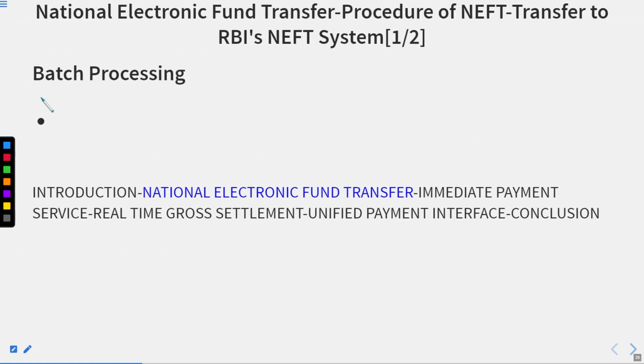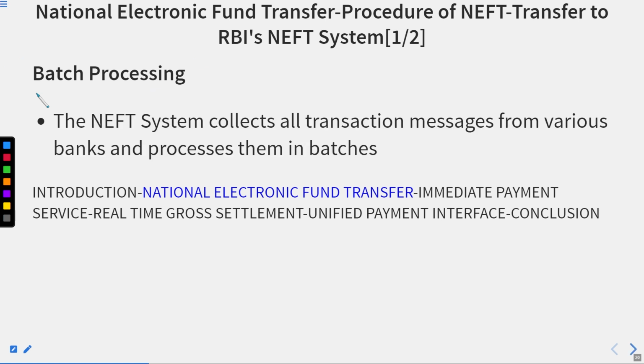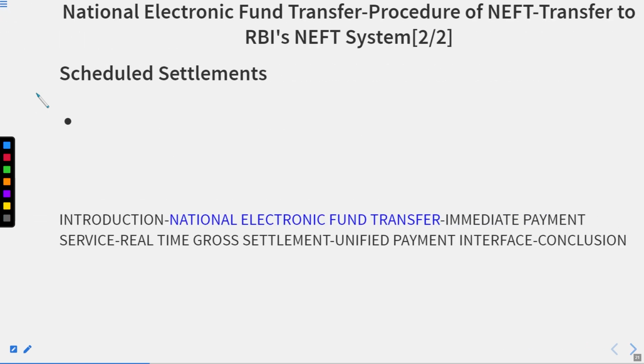Thereafter, now we have the procedure of NEFT. First is the transfer to the RBI's NEFT system. It is known as batch processing. So what do we mean by batch processing? Let's understand by reading first. The NEFT system collects all transaction messages from various banks and processes them in batches.